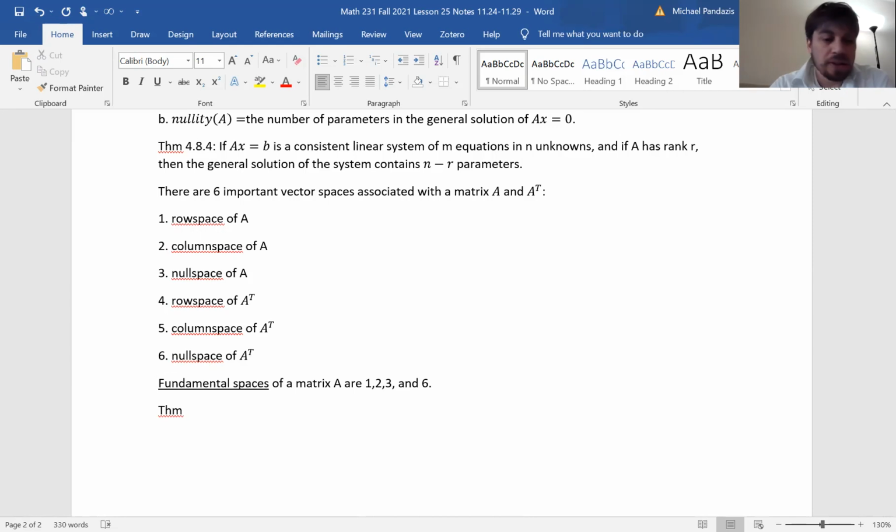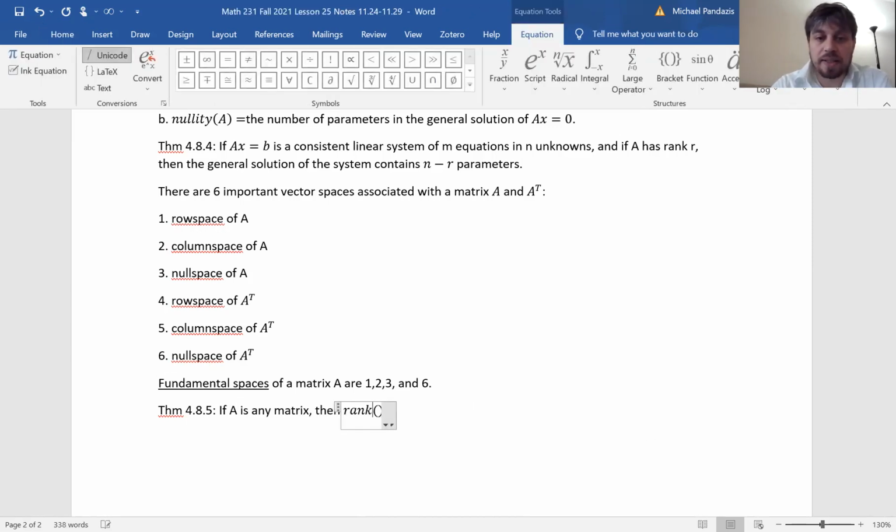Okay, so theorem 4.8.5. If capital A is any matrix, then the rank of A is equal to the rank of A transpose.